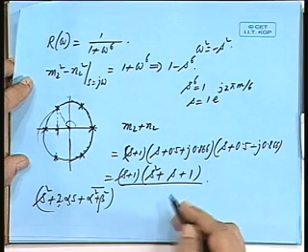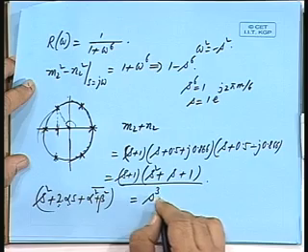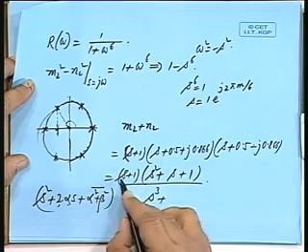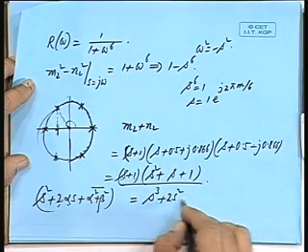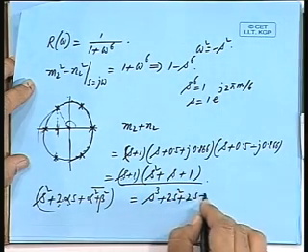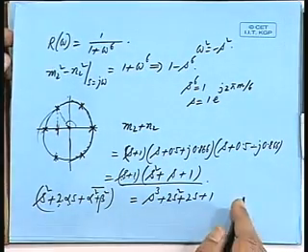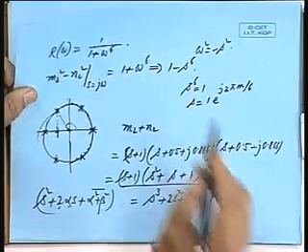Is that all right? So let us write this as s to the power 3 plus 2 s squared plus 2s plus 1. And what is the numerator of this? 1. Okay.